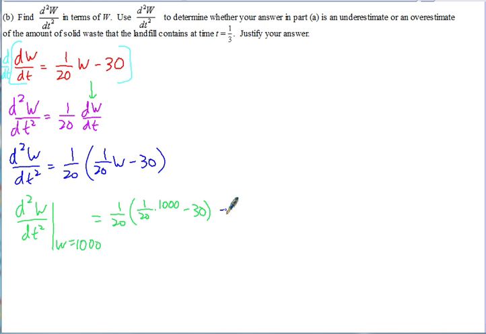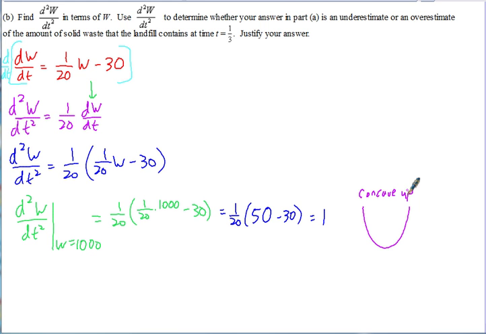So you'd have 1/20 times, 1,000 divided by 20 is 50, minus 30. So you can see that's 20/20, that's just 1, so it is positive. So since the second derivative is positive, the graph would be concave up.